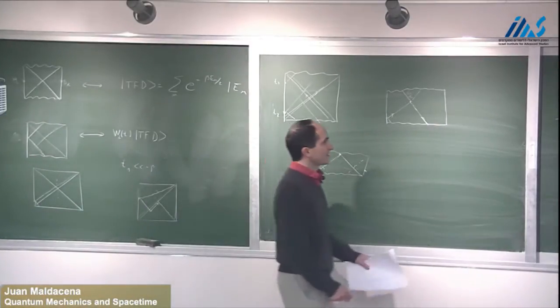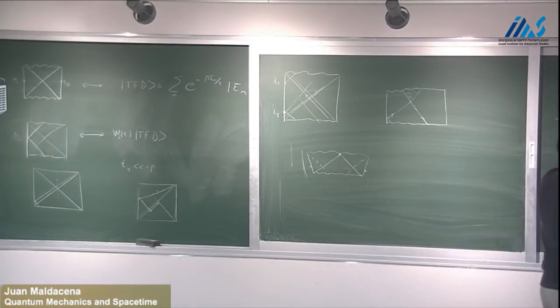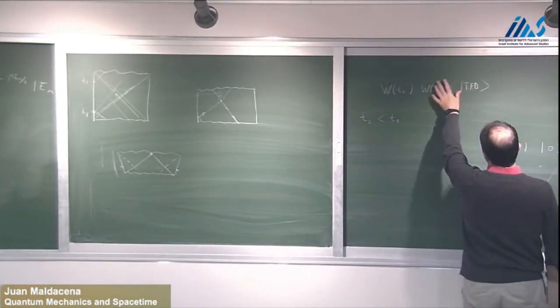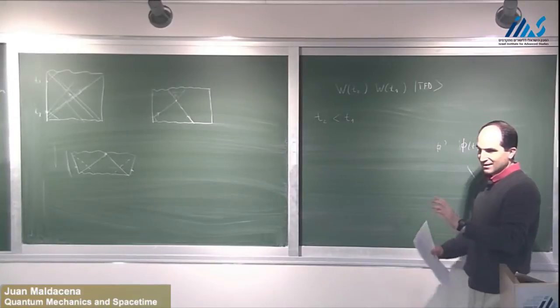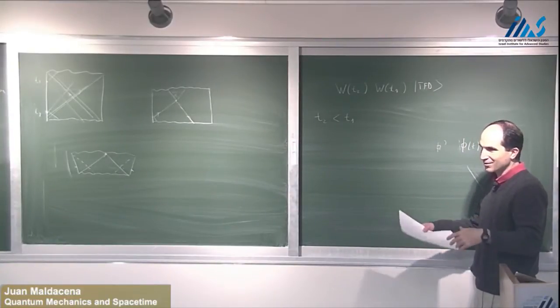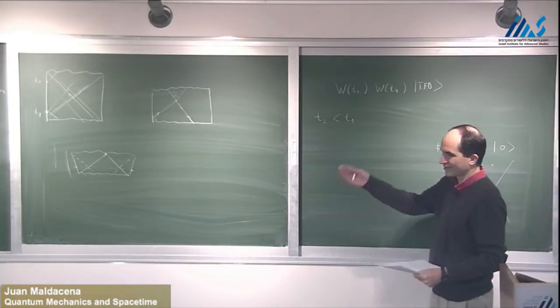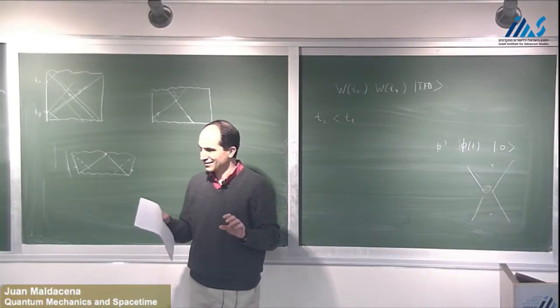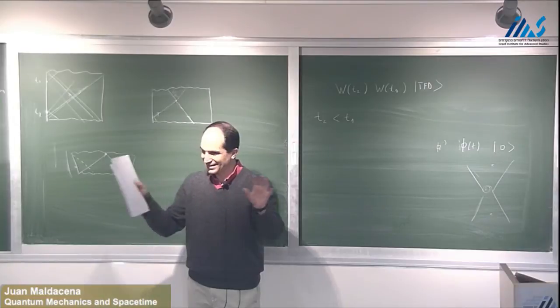What this is saying is that when we acted with this, we deformed the state a little bit in the past, and the effect of this deformation grew with time. These authors call this the butterfly effect. You had a very tiny perturbation in this chaotic system.